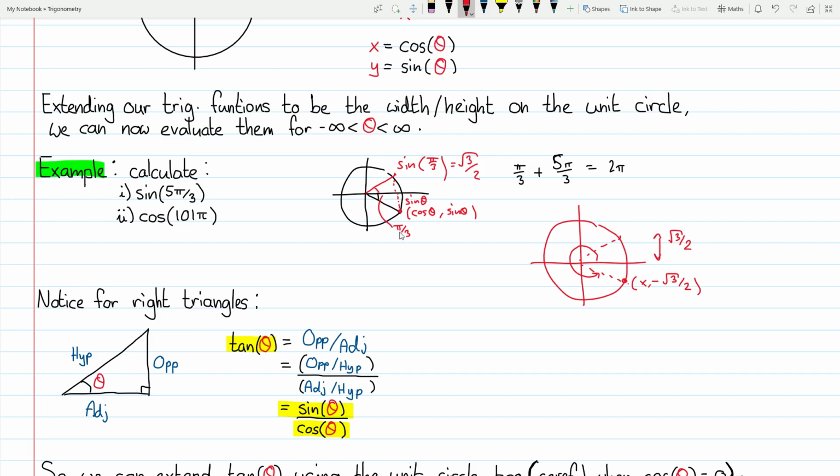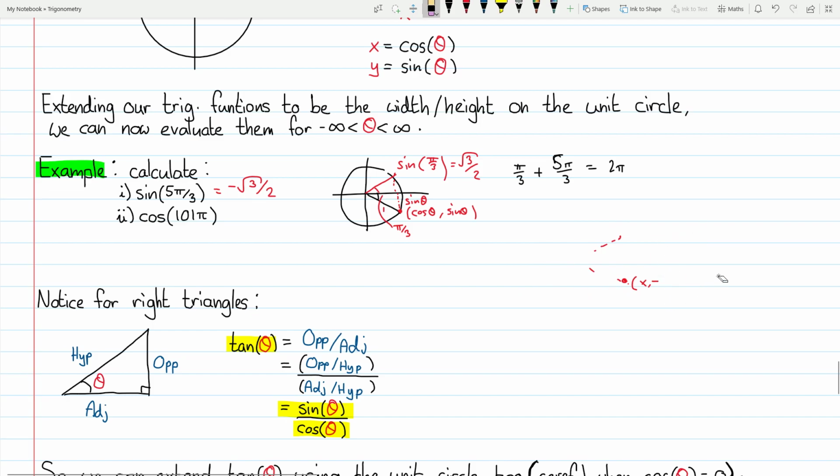This is going to have a length of 1, because it's a unit circle. The angle is going to be pi over 3, so this length here is going to be square root of 3 over 2. But when we look at the coordinates, this is going to have a negative value. And so that's what this is. This is just going to be negative square root of 3 over 2.